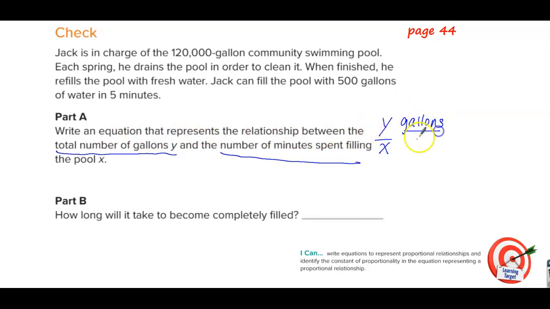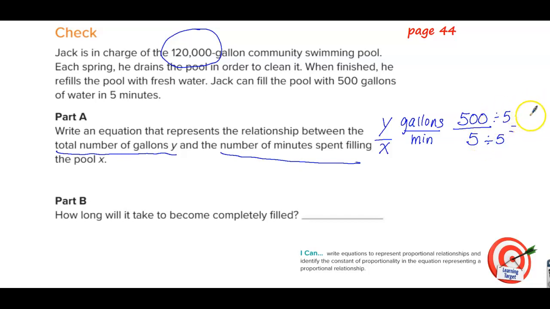Well, we don't need this 120,000 thing just yet. We do need this rate, this 500 gallons in 5 minutes. So we're going to put 500 gallons here and 5 minutes here. To turn this into a unit rate, we need to divide the top and the bottom by the bottom number.